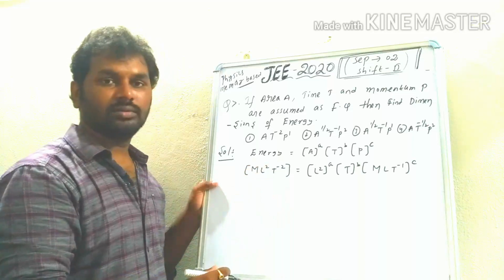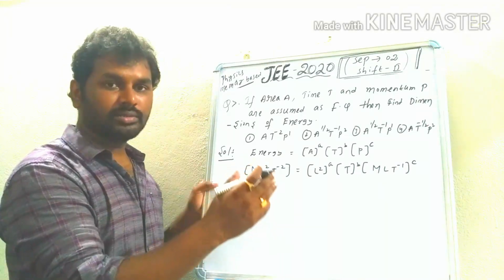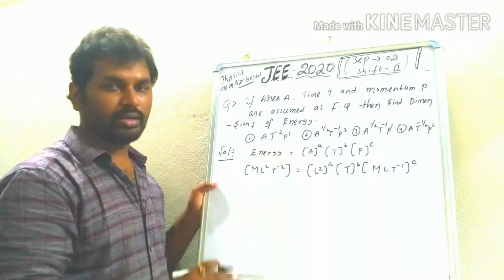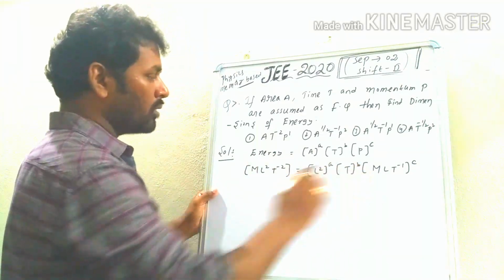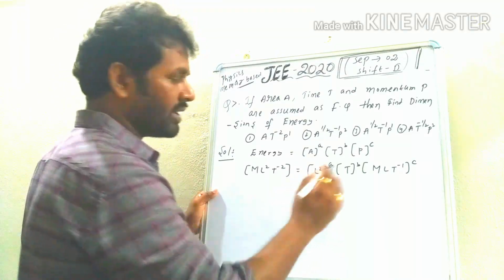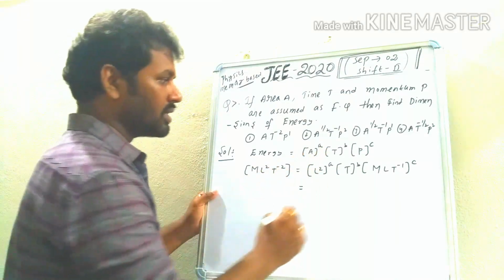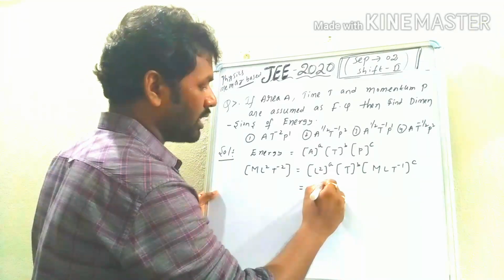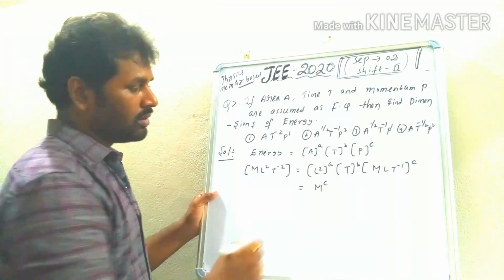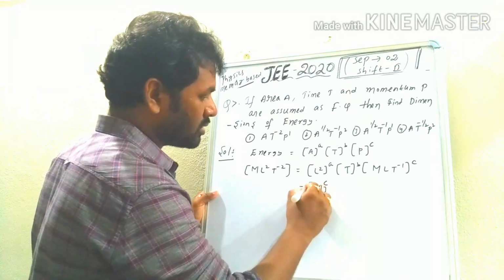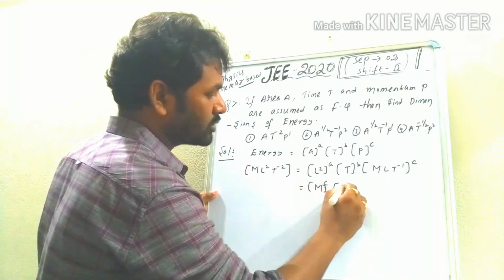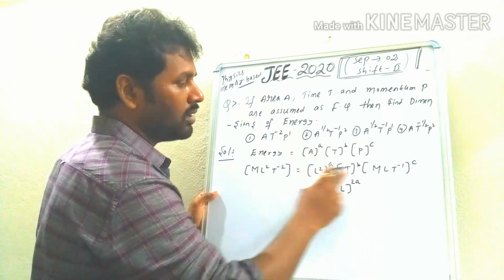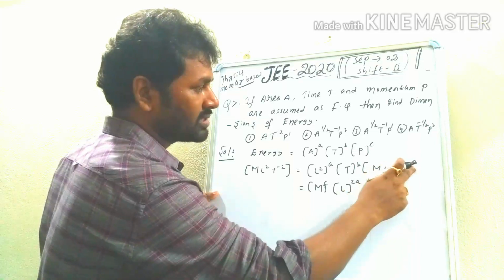Just by comparing the mass, length, and time terms on both the sides, you will get very easily the unknown values. How? On the right side, rearrange the individual terms. Only the M term is here, directly you can write M to the power of c. And now pick the length terms: L to the power of 2a, and here it is L to the power of c.